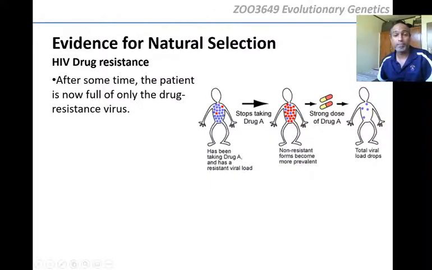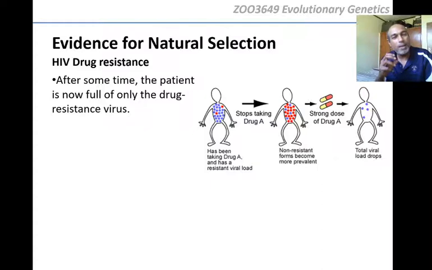Okay? Stop taking it. What happens? Because the blue one is highly specialized to the drug, it has to give up some advantage. Now, when you take the drug away, you find the red one takes over from the blue one, because the red one is the one that is not specialized.